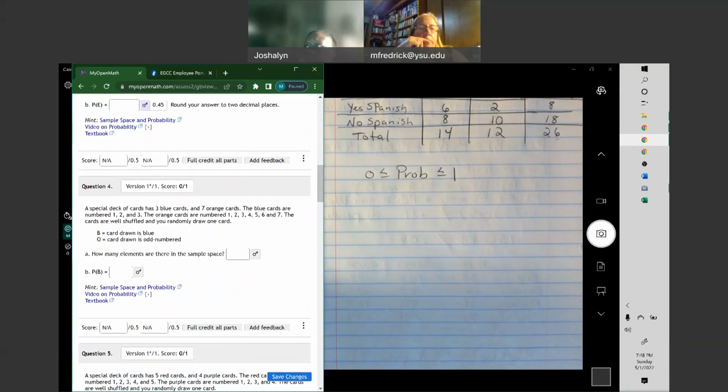Okay, so this one would be 10 cards. So the sample space is 10. And the card type is out of 10.